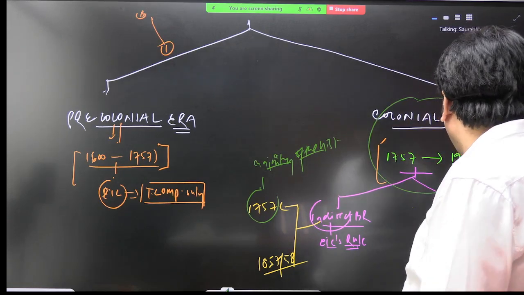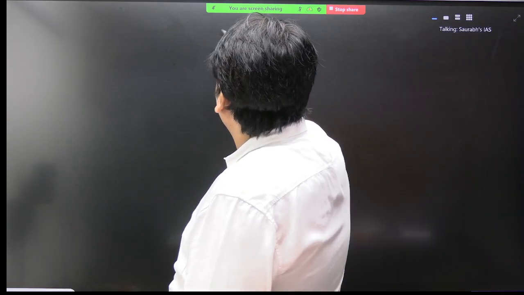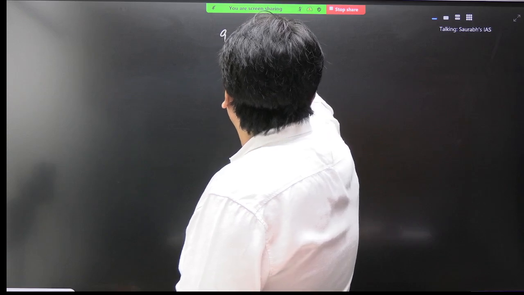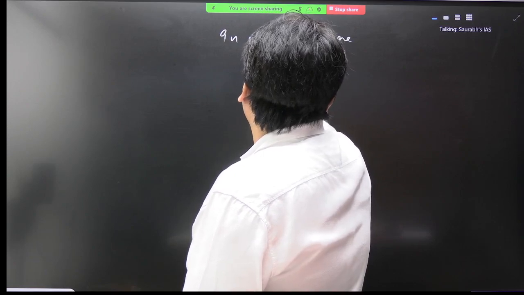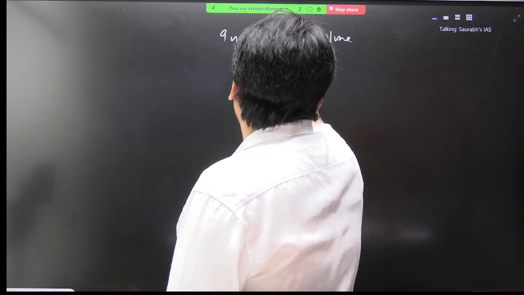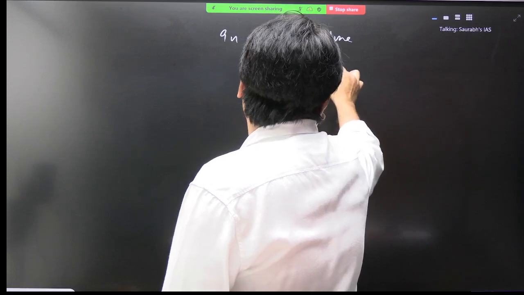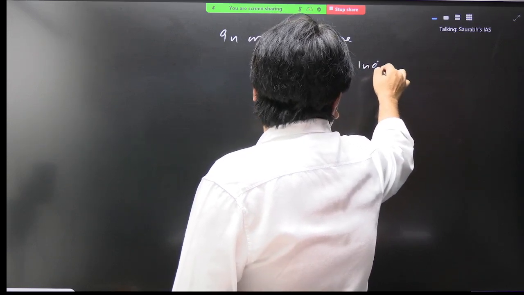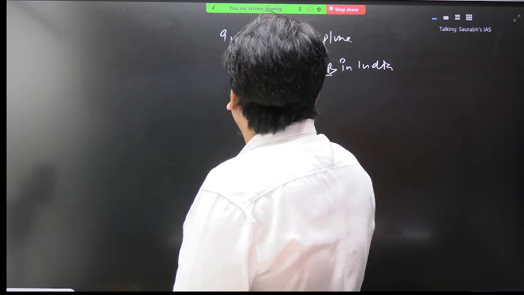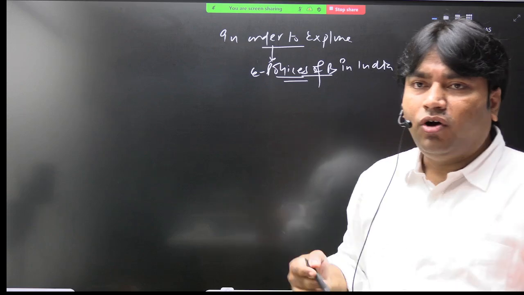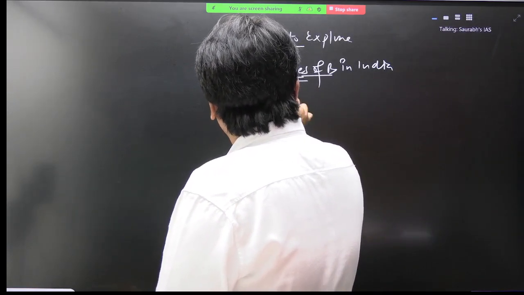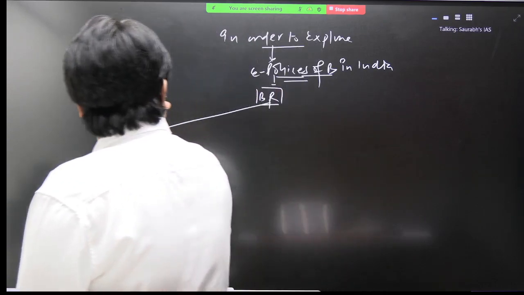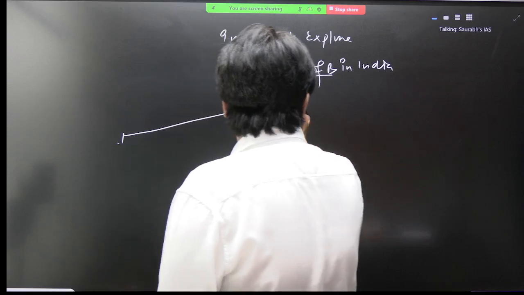Now, in order to discuss the economic policies under this British rule, we need to further divide this colonial era in three parts. Okay, so write this. In order to explore economic policies of British in India, we need to divide this British rule phase again.